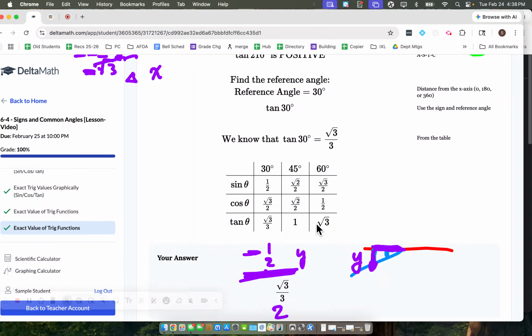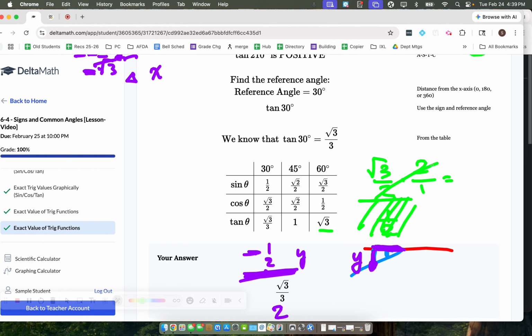And then when you're comparing the large side of a 30, 60, 90, and when I say large, I mean this, and you're dividing it by the short one, you're going to get something that's more than 1. So let's do a keep, change, flip, multiply, cancel out. This is what you get. That's what they're referring to right there.